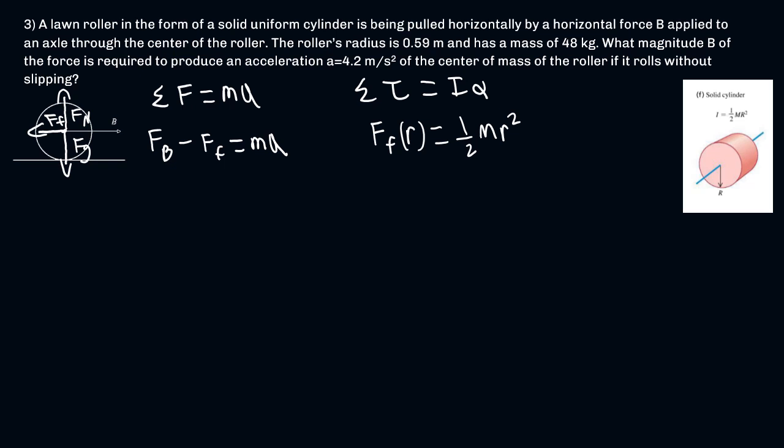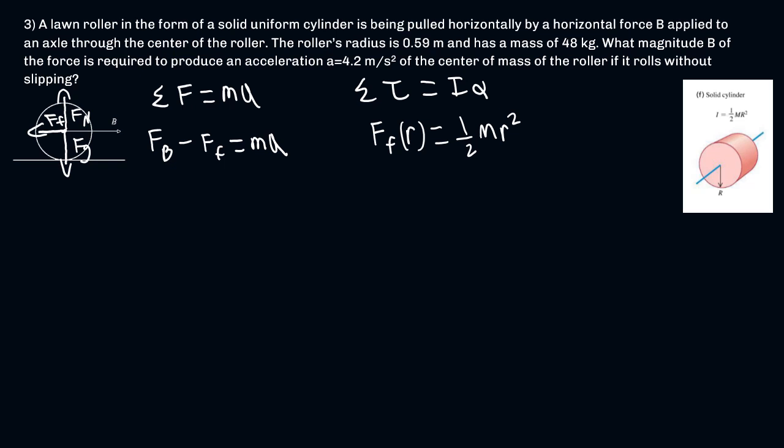What we could do with alpha is make it into translational or linear coordinates. And we can do that just like we did in example number 2, where we went from angular velocity into translational or linear velocity. We can do that the opposite way and go from angular acceleration into linear acceleration.